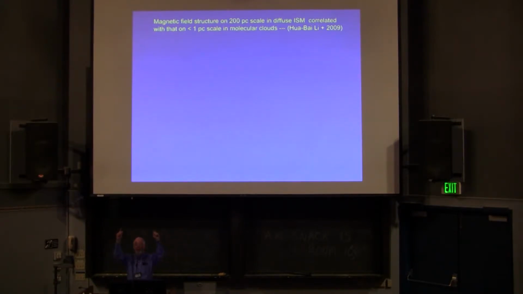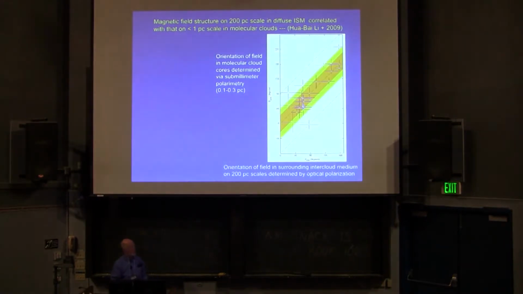I'm looking at atomic gas where I can see stars in the distance and measure the polarization of the starlight. And then I'm going to go inside a molecular cloud and use radio telescopes, the Submillimeter Array and so forth, and get the magnetic field on very small scales. So here's what they found.